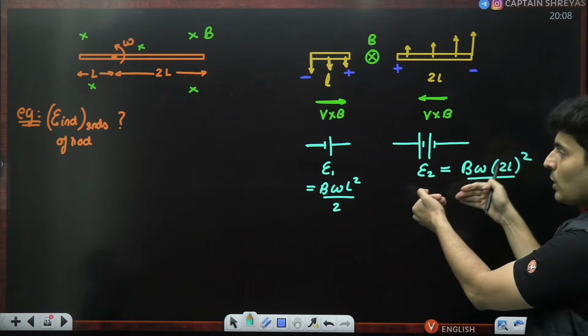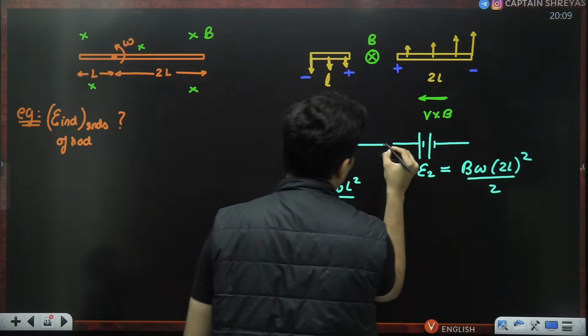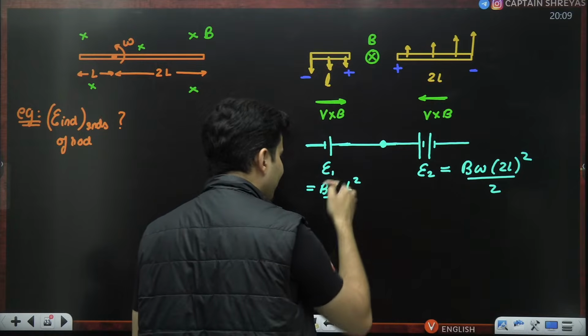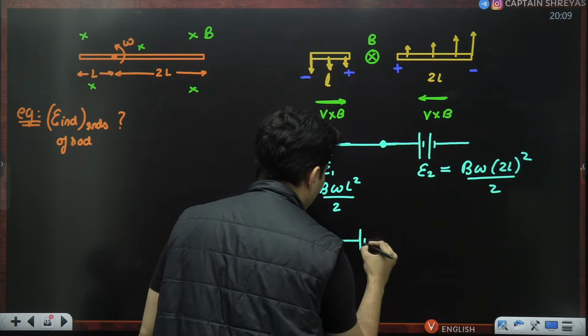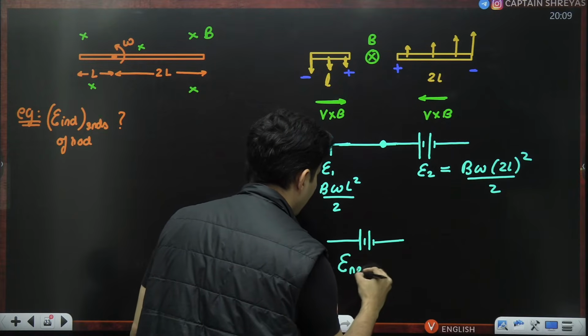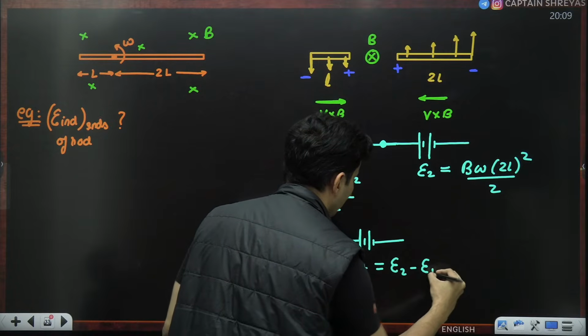Obviously they are not equal, 100%. Because of that, this EMF will dominate and you will get a resultant EMF in this direction. This is your net EMF, which will be bigger minus smaller.